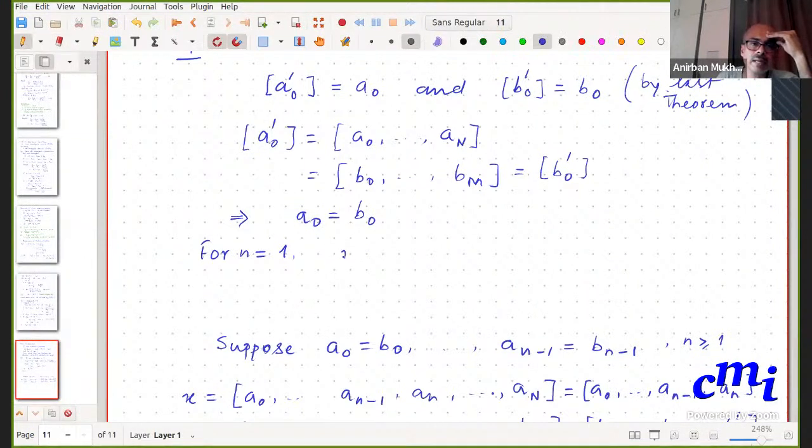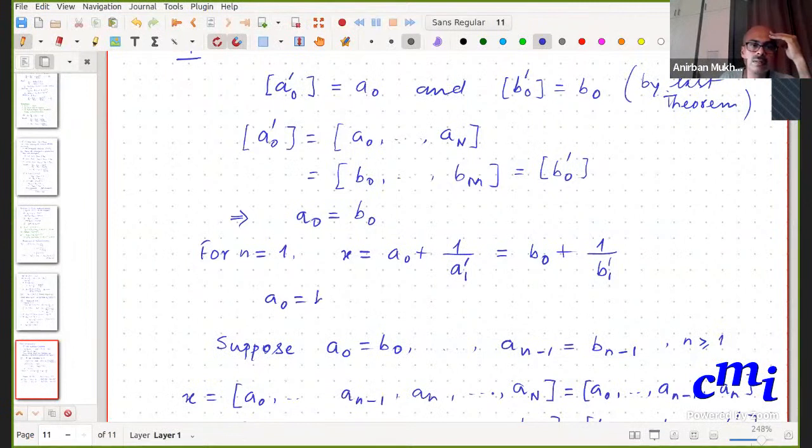So this number x is equal to a naught plus 1 over a1 dash, the complete quotient. This is equal to b naught plus 1 over b1 dash. And we have already shown that a naught is equal to b naught.